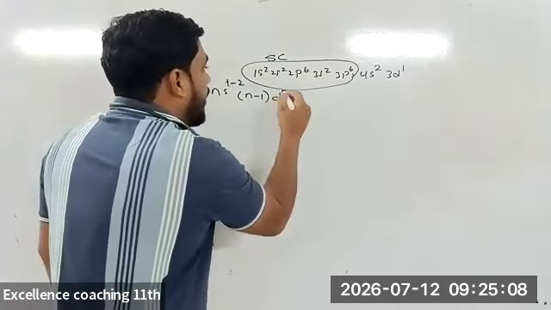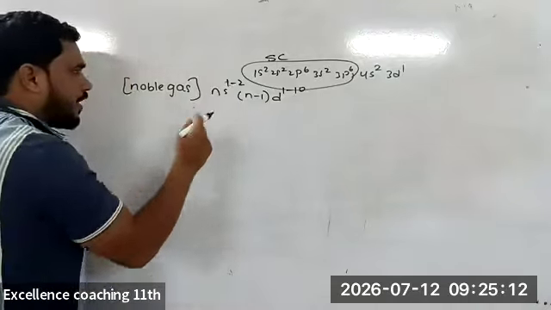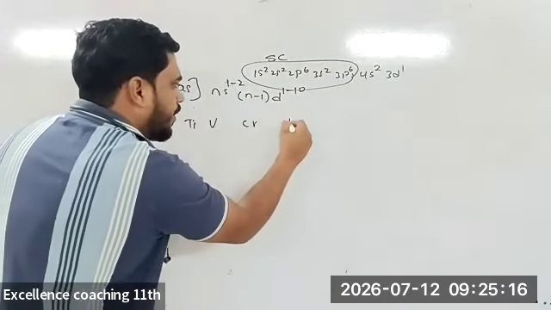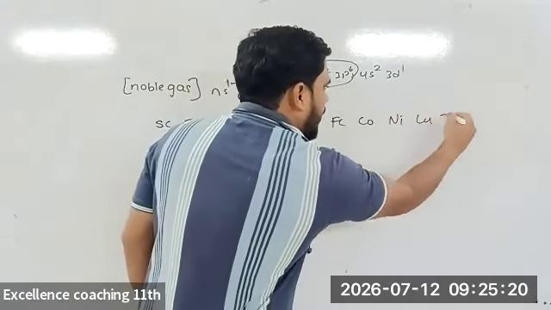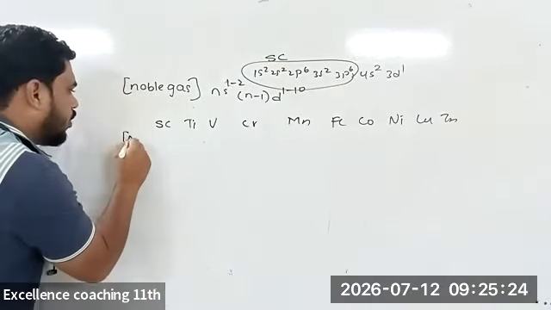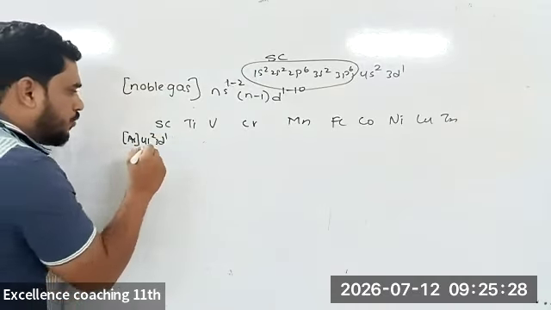So (n minus 1)d 1 to 10; this will be the general electronic configuration. Let me write again: scandium, titanium, vanadium, chromium, manganese, iron, cobalt, nickel, copper and zinc. See here, this is argon 4s2 3d1, correct? 4s2 3d1.